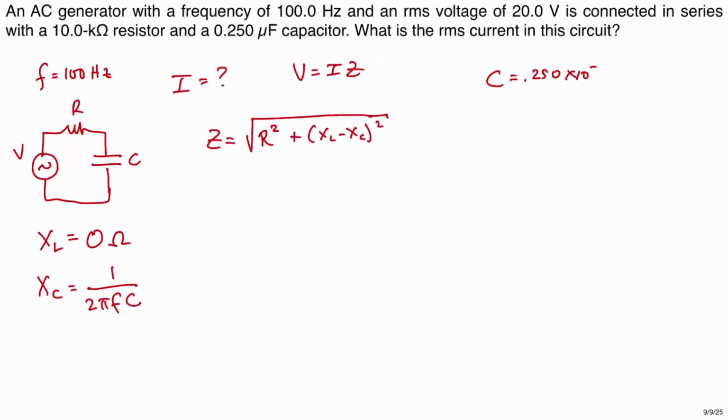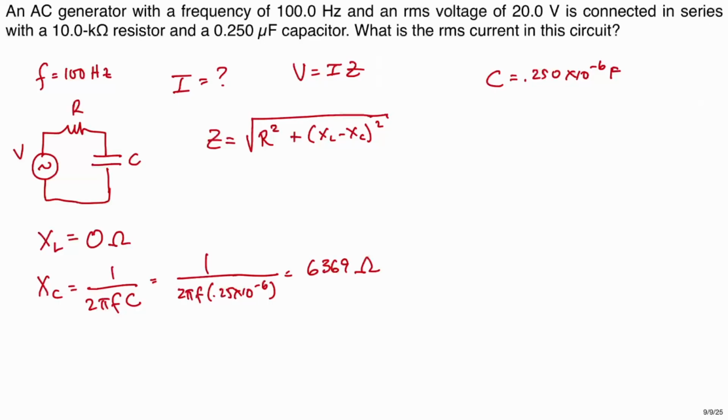Write down 10 to the minus 6. So this is going to be 1 over 2 pi f and then 0.25 times 10 to the minus 6. Throw that in your calculator. I got 6,369 ohms. You can check me if you want. I could have done it wrong. It's an AC circuit. I really don't care.